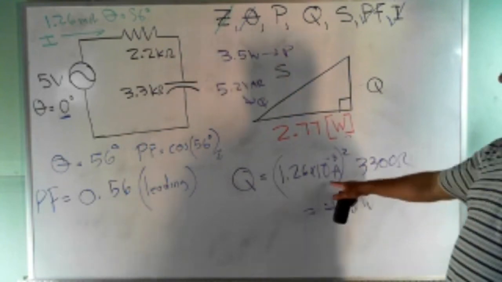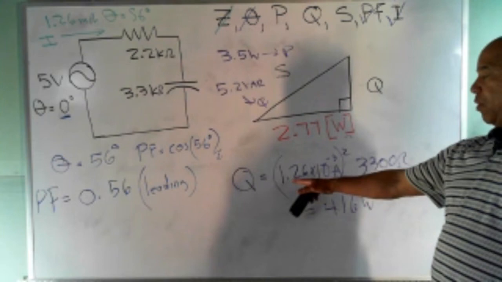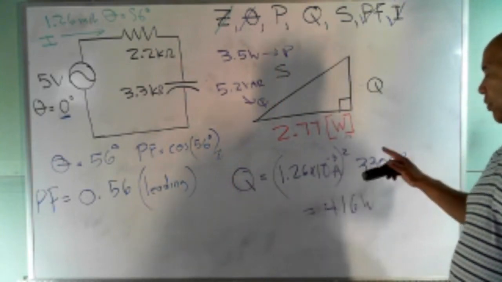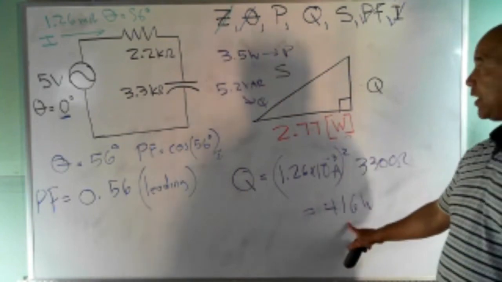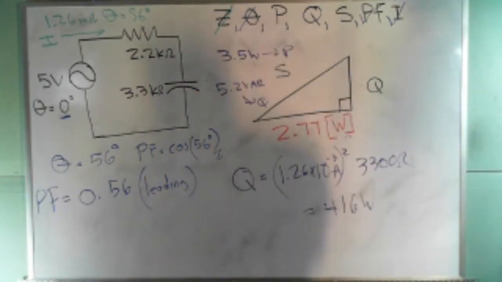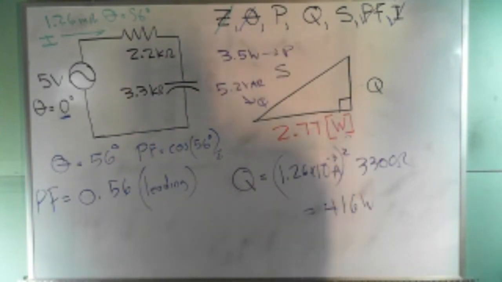I just want to know what 1.26 times 10 to the minus third, squared, times 3,300 is. Is it 4.16, or is it something else? So recalculate it and see.